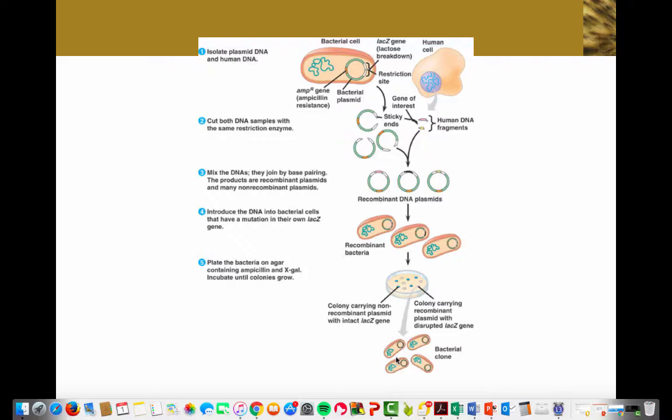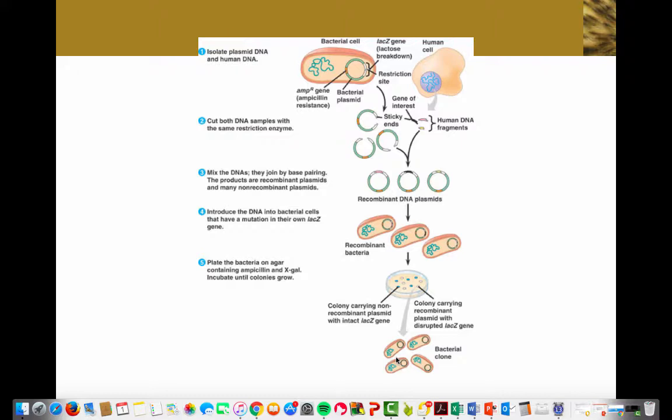So there's a color aspect on here that basically selects this. And it's because the gene that you put in there will actually disrupt the gene that normally makes the blue color, right?